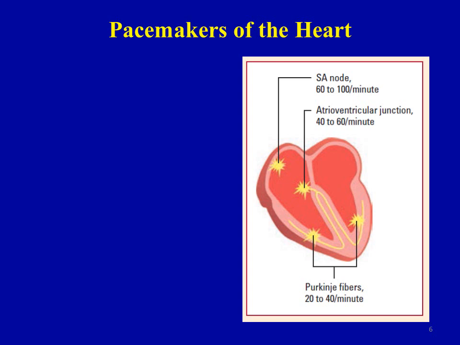For example, the SA node fires action potentials at a rate of 60 to 100 per minute. The atrioventricular junction has a firing rate of 40 to 60 per minute, while the Purkinje fibers fire at a rate of 20 to 40 per minute.